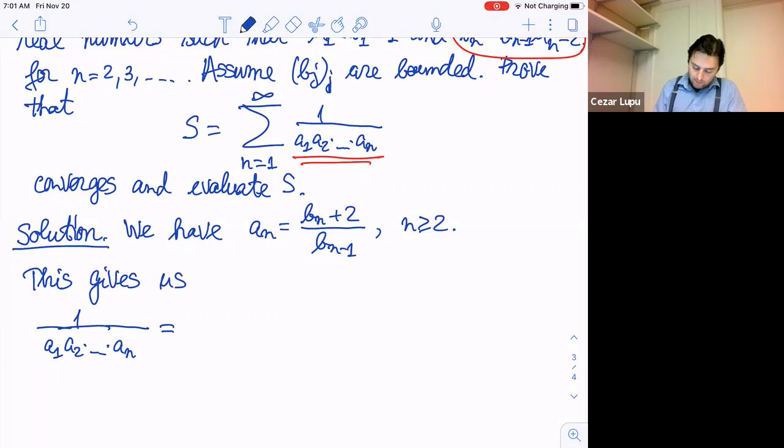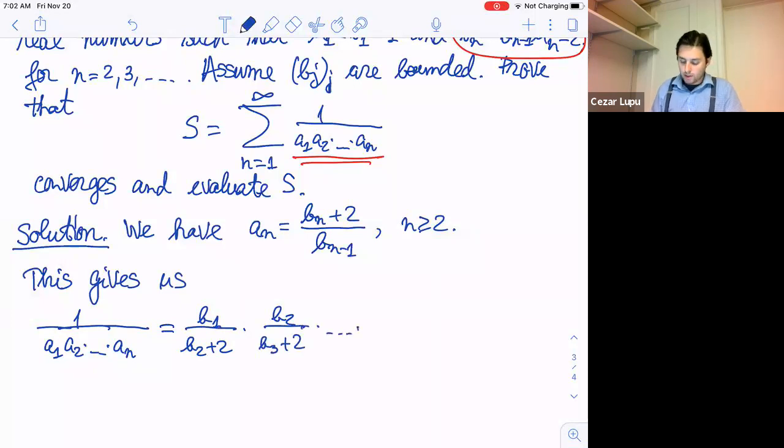We'll have 1 over B2 plus 2 over B1, so it will be B1 over B2 plus 2 times B2 over B3 plus 2, times, and we keep going. The last one is Bn minus 1 over Bn plus 2. All right, so we have this, right?